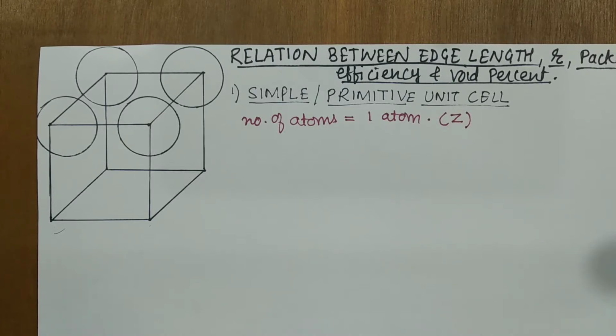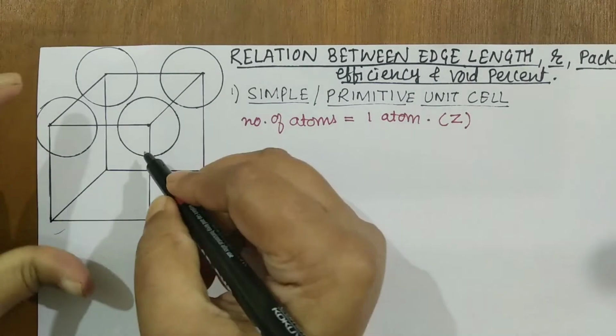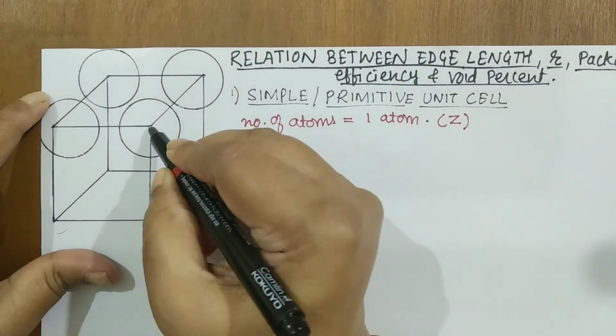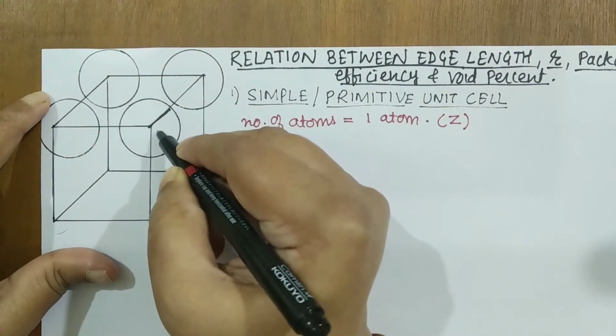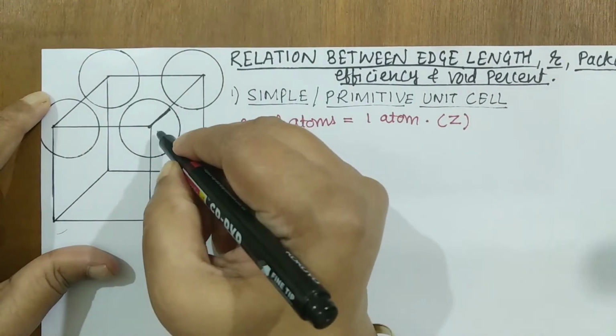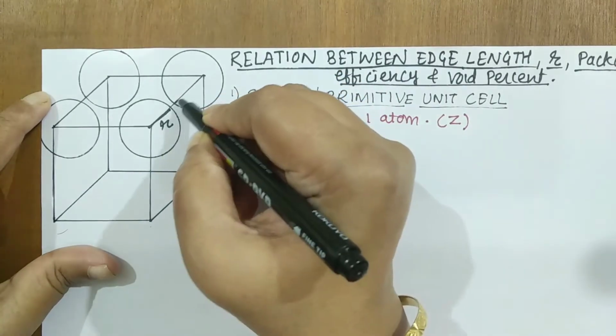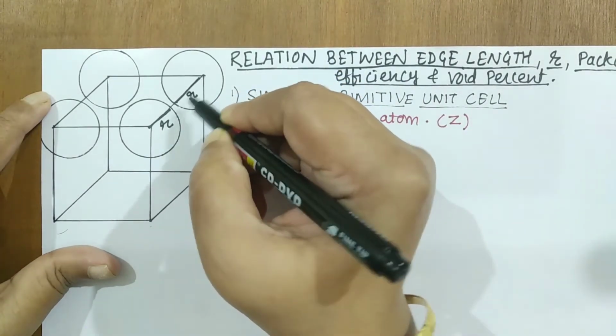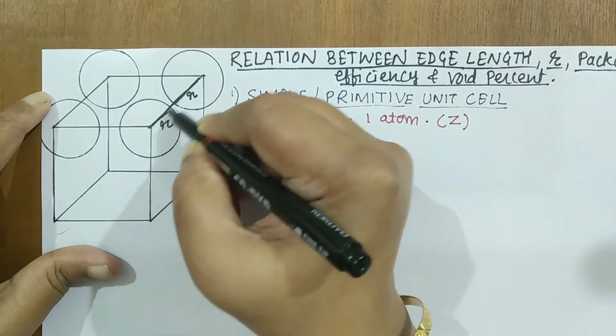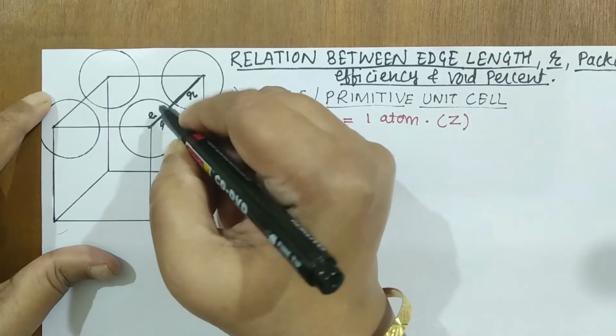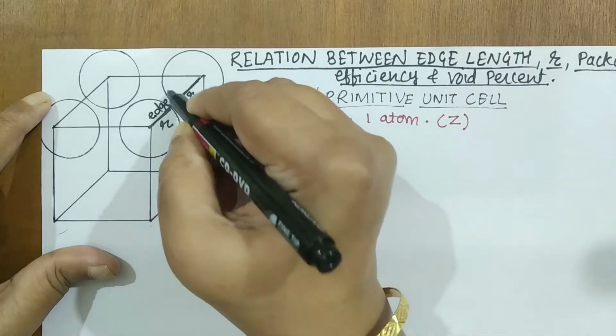If you see the diagram here, if I say that this is a circle, then this is its radius. I will call this radius R, and the other radius here is R. What is this, student? This is called the edge length. So this complete line is called the edge length.